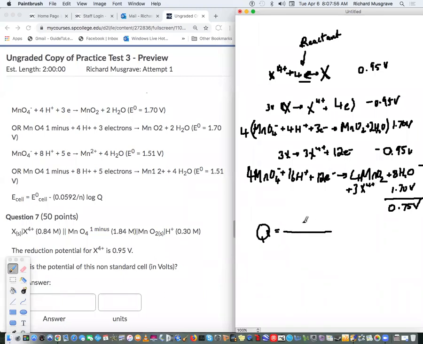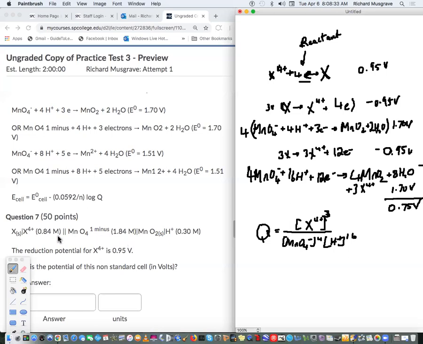So that'll be X4+ cubed. So we've got to do it to the power of the coefficient. And then down the bottom, it'll be MnO4 minus to the 4th and H plus to the power of 16. I don't think there's anything else there.